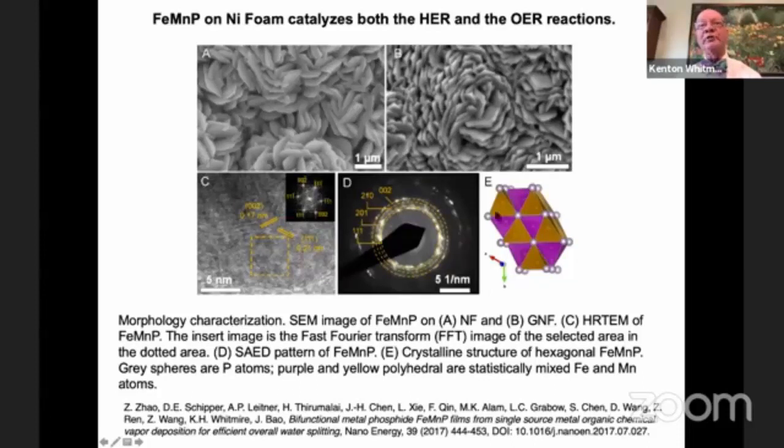Now this is a nickel foam that has also been treated with graphene. So you can coat the nickel foam with some graphene and then deposit the FEMNP film on that. You get, again, the same material. The FEMNP is the hexagonal FEMNP. This works very nicely for producing a new type of composite electrode material.